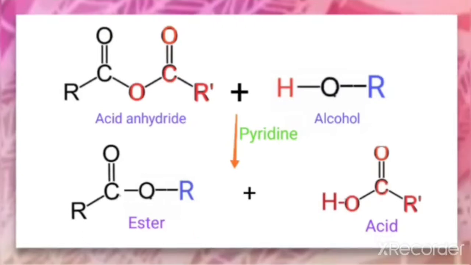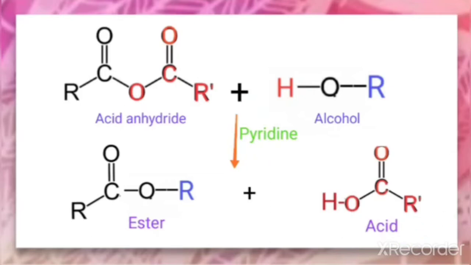It may be noted that the reaction of alcohol with the acid chlorides and the acetic anhydride takes place in the presence of a base, that is pyridine, in order to neutralize the acid which is formed during the reaction. In the case of acetic anhydride, a side product is formed, that is an acid.